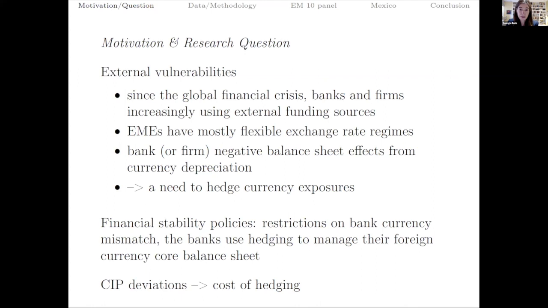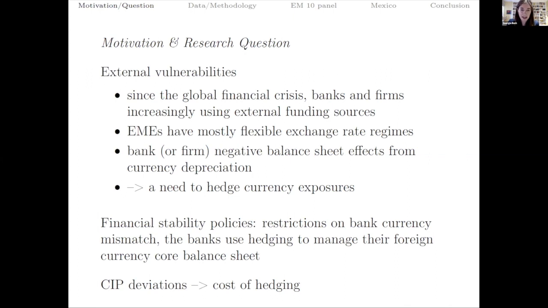We also know that most emerging economies have flexible exchange rate regimes, and so vulnerabilities that arise from currency movements are of first order importance. In the literature, it's already well established that banks and firms can experience negative balance sheet effects from, for example, currency depreciation. So this setting means that there's a need to hedge currency exposures. That's really the broader motivation.